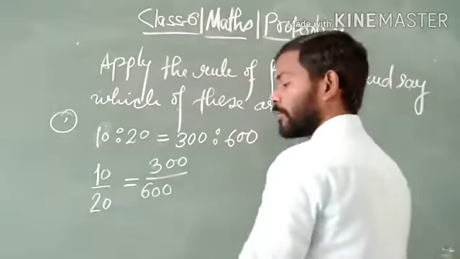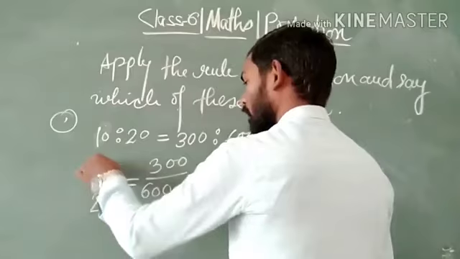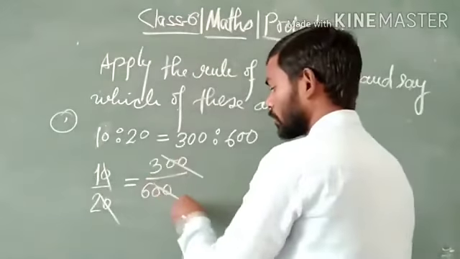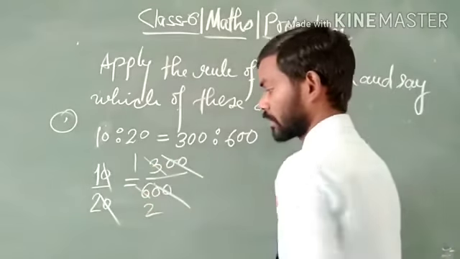So here, when we apply the division method, then we can find that 0 and 0 become cancelled out. Here 2 0 and 2 0 become cancelled out. 3 1 are 3 and 3 2 are 6.